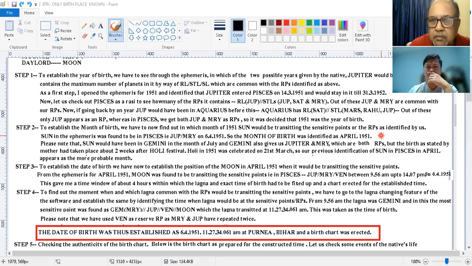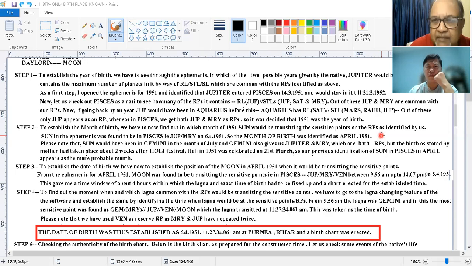You have to raise a question. I told you that in 1951 Sun would be transiting through all the zodiac signs. But I have fixed up April, where it would be transiting Pisces, that is Jupiter and Mercury are the ruling planets.